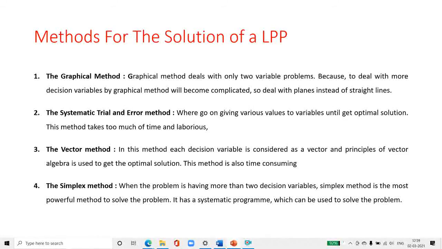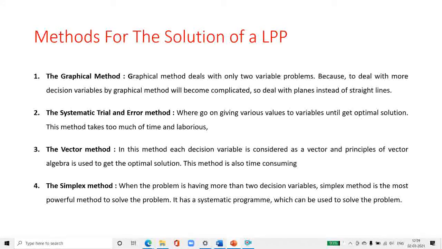The next is the simplex method. When the problem has more than two decision variables, the simplex method is the most powerful method to solve it. In the graphical method we only deal with two variables, but when we have more than two decision variables, the simplex method is used.